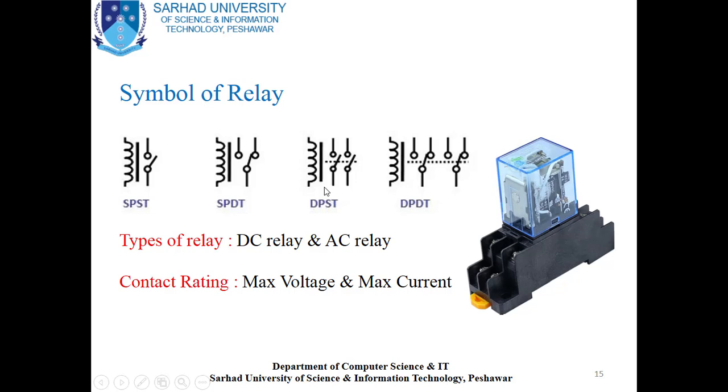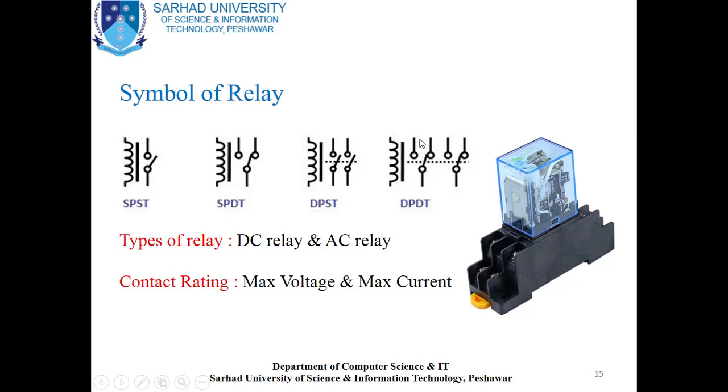Here in this symbol you can see the symbol of relay of double pole single throw. You can see the double pole single throw. Here you can see double pole double throw.